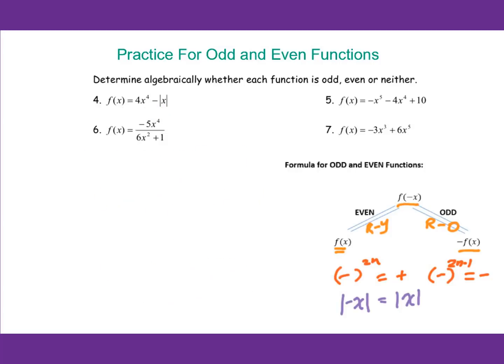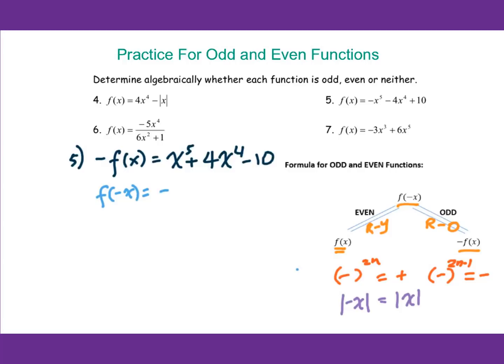Now let's go to number 5. Negative f of x, we got positive x to the fifth power, positive 4x to the fourth power, minus 10. And f of negative x means every single x turning into negative x.